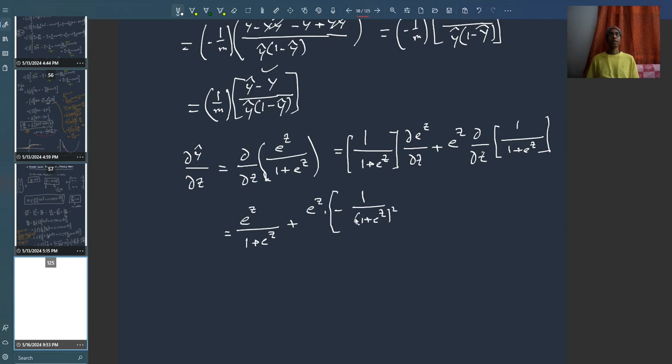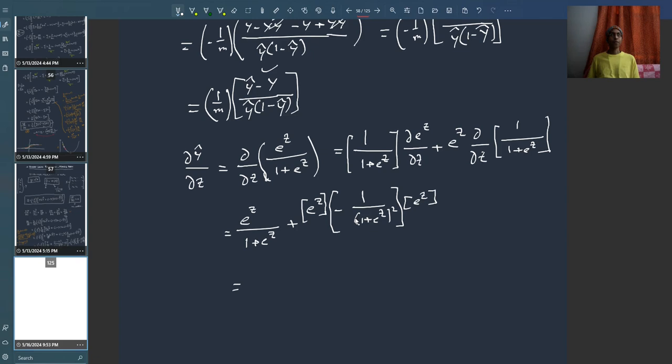This is the first term multiplied by, basically what we have done is we have taken 1 plus e to the power z as the differential in the first term. Then we will differentiate 1 plus e to the power z with respect to dz. That will become 1 takes common. This will become e to the power z.